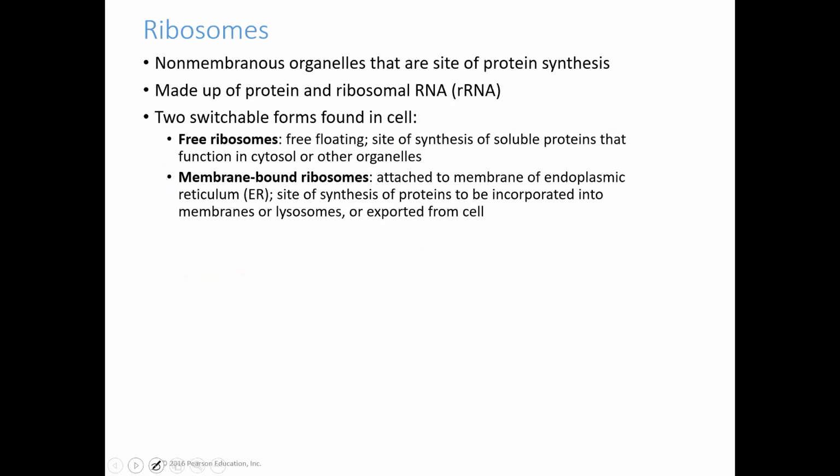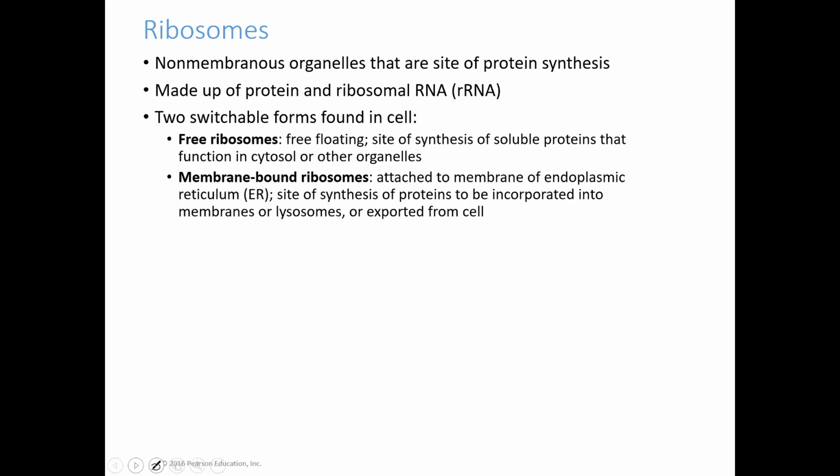Now, the ribosomes don't have a membrane, but that's okay. They don't need a membrane. The ribosomes are used to assemble proteins. It's the site of protein synthesis. The ribosomes are where amino acids are brought together and joined with peptide bonds so that they can form a protein.